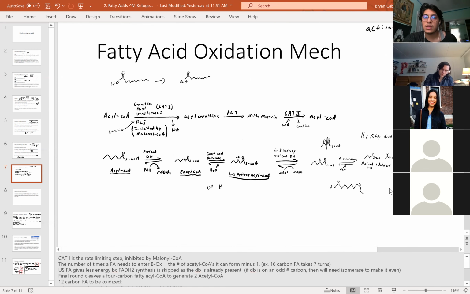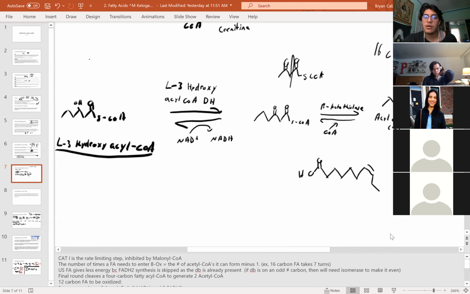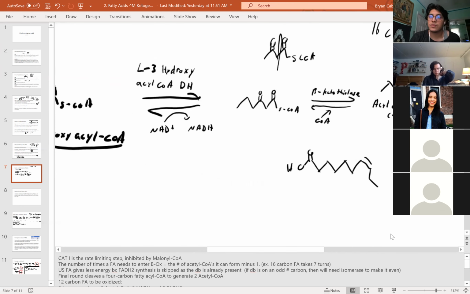Another random situation that you can have is when you have an odd number of carbons on your fatty acid. So 16 is a nice and easy even number. However, let's say you have like 9, or let's say you have like 11 carbons in your fatty acid. And so what you're going to do is you're going to be tossing out 3 carbons at the end. So let's say you have 11 carbons.